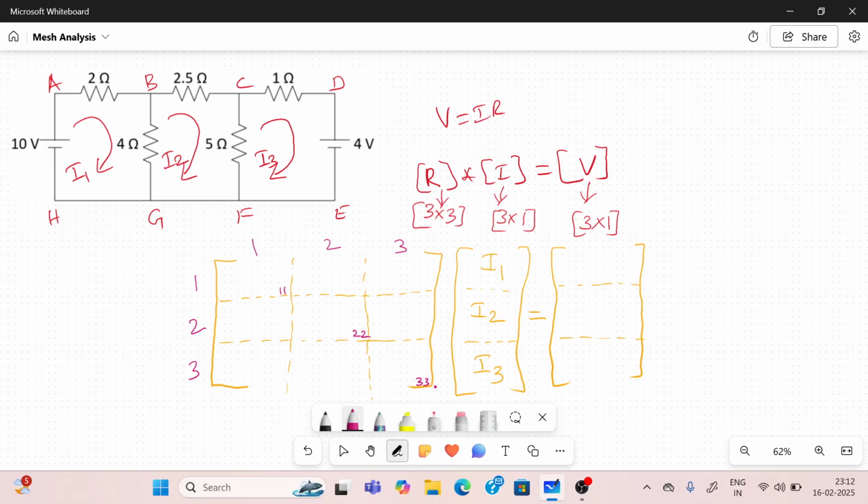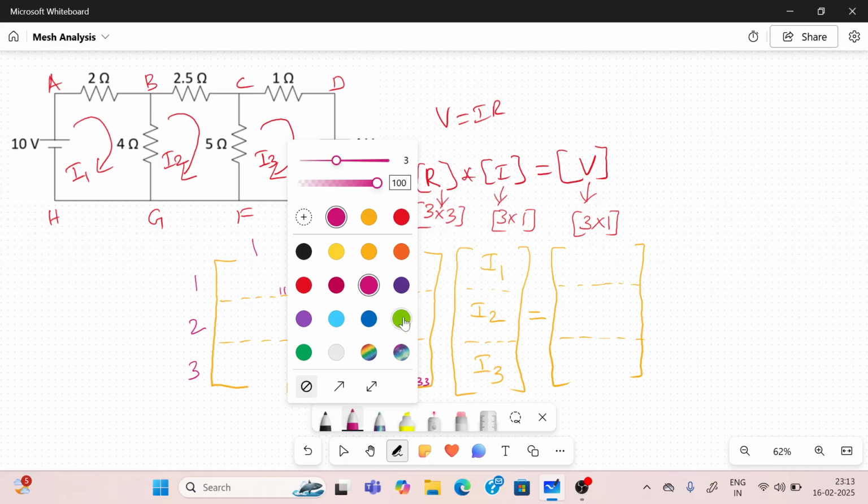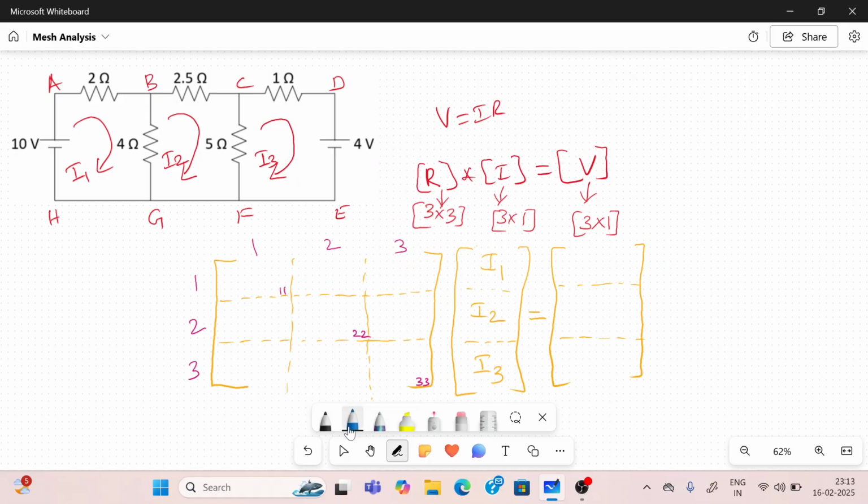Okay. When you are writing a diagonal element, you have to add all the resistors in the mesh. So what are the resistors in your first mesh? A to B, B to G, G to H, H to A. What are the resistors here?